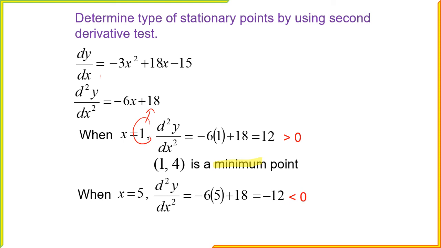This means that the point (5, 36) is a maximum point, because we have d2y/dx squared less than 0. Okay, so this is how we check the nature by using the second derivative test.